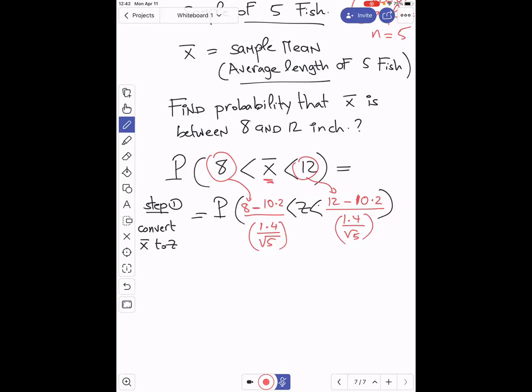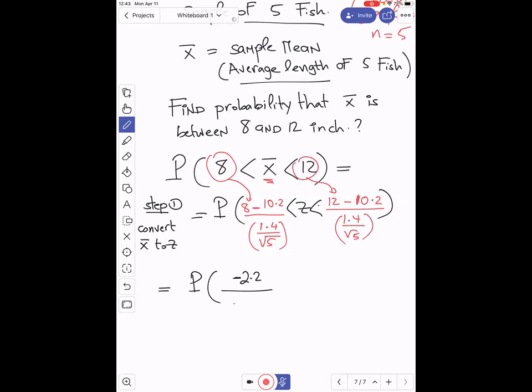So what I'm saying here is that 8 minus 10.2, of course, is negative. We know that this is negative 2.2 in the top. And in the denominator, you are supposed to divide 1.4 by the square root of 5. Actually that's 0.63.